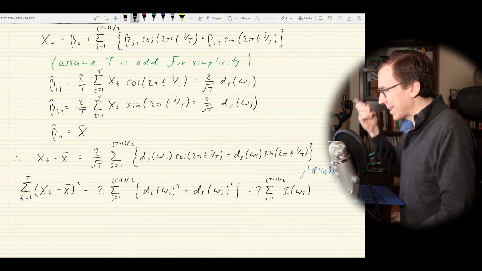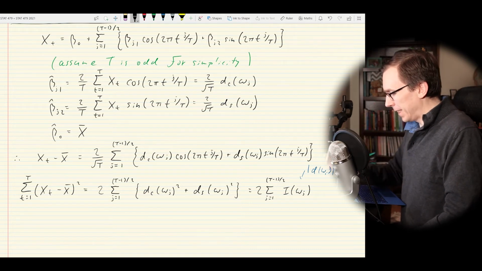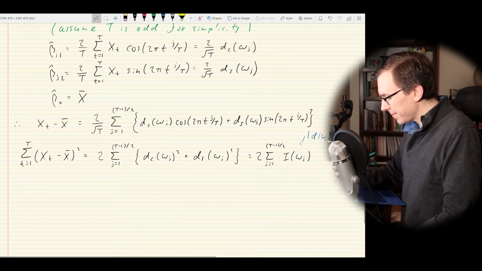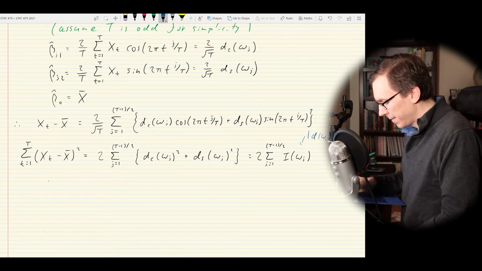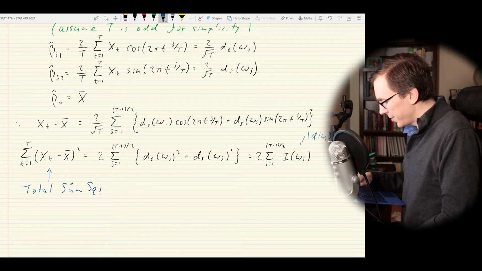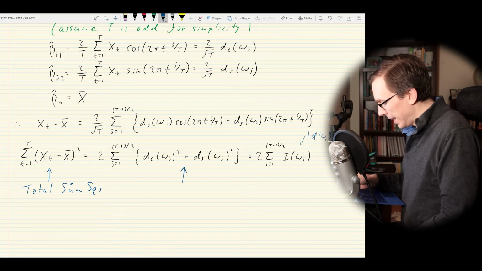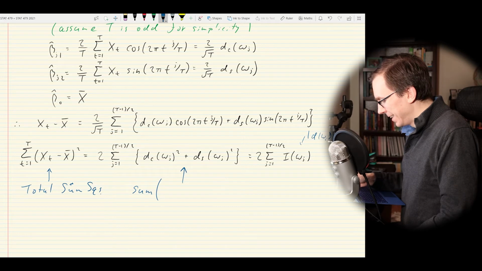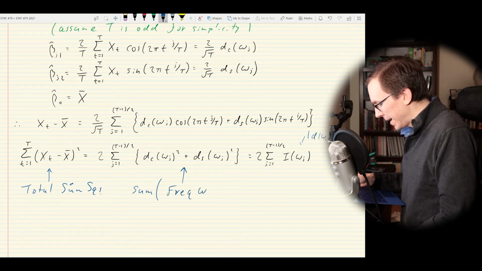The point I'm trying to get at here is that we've decomposed a total sum of squares into a sum of, let's say, frequency omega j sums of squares.